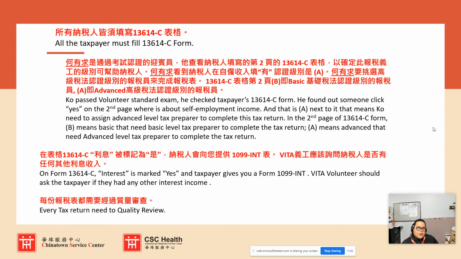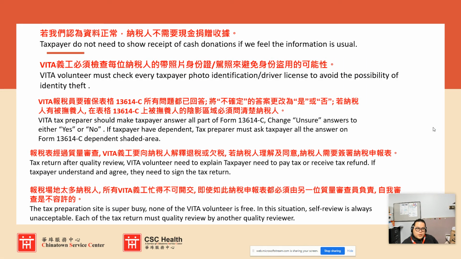Every tax return needs quality review. A taxpayer does not need to show a receipt of cash donation if we feel the information is unsure. It's usual.